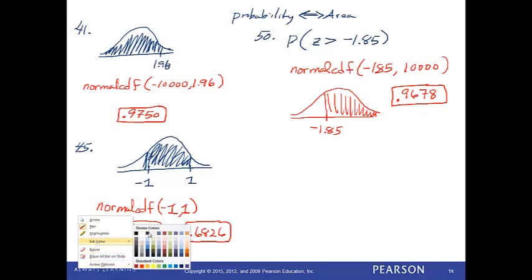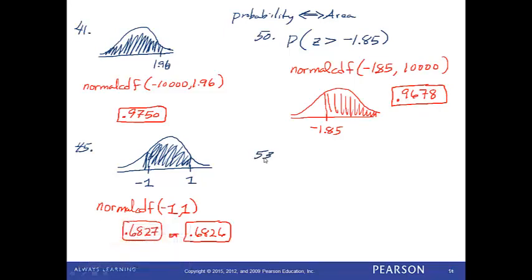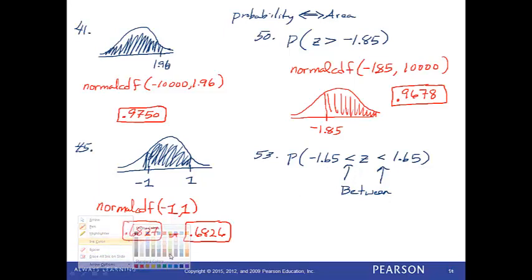And then last one, number 53. It says the probability, and this time I have a between, so I have negative 1.65 and positive 1.65. Remember, when we see the notation like this it means between. So Z is in between negative 1.65 and positive 1.65. And again, we're looking for probability, which means the same as area. So go to the normal CDF command.